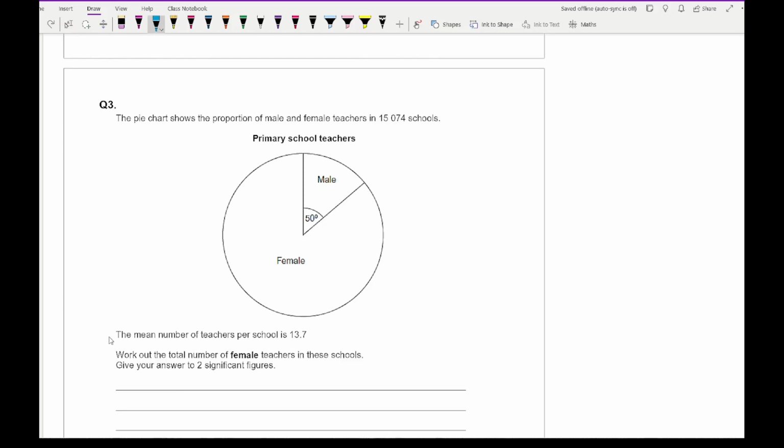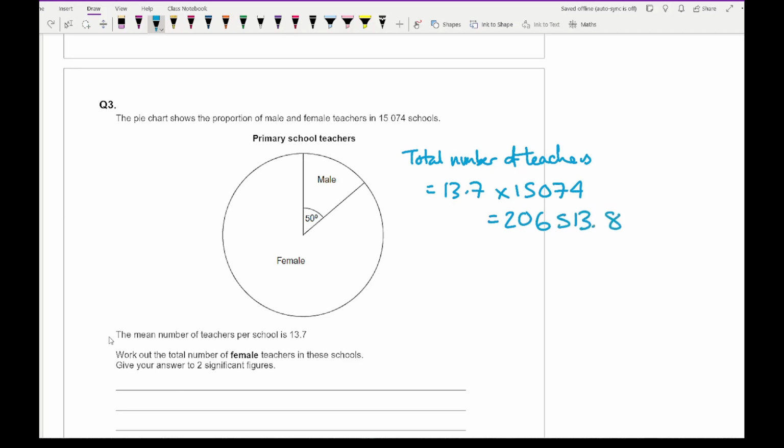So the first thing we need to work out is the total number of teachers, and that calculation is going to be equal to 13.7 multiplied by 15,074, which gives me an answer of 206,513.8.